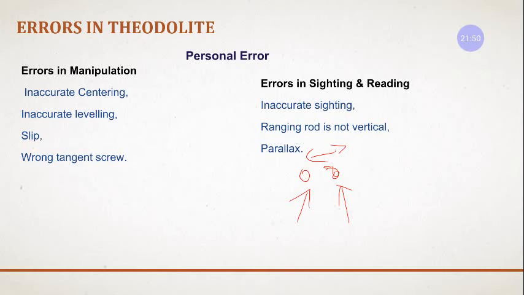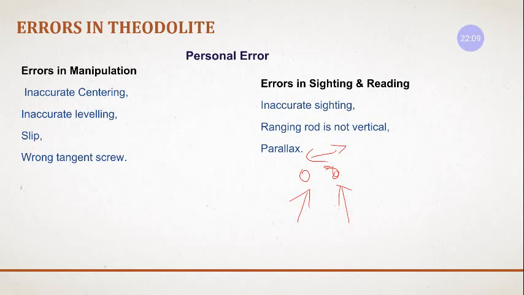You have to eliminate the parallax. Now what is this parallax? Parallax is nothing but when you are trying to see the object through the telescope, you will feel that your crosshairs are in movement while you move the eye.